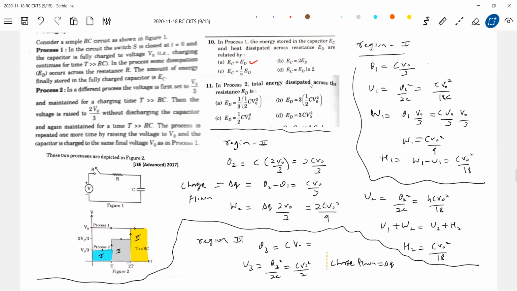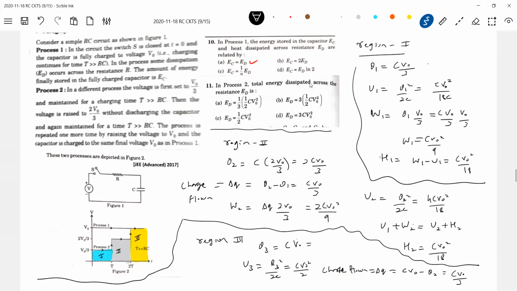This should be equal to how much? So what was the final charge? Final charge was CV naught. Initial charge was Q2. 𝐂V naught by 3 is the charge flown.